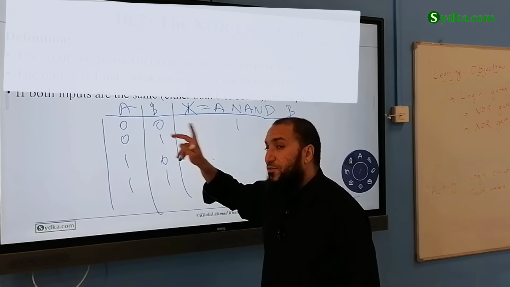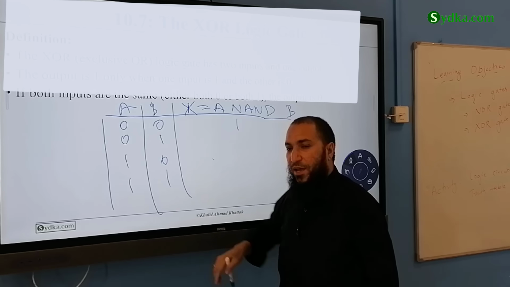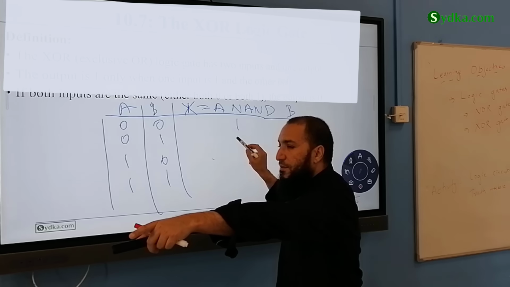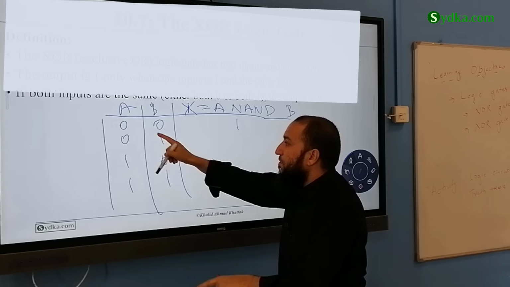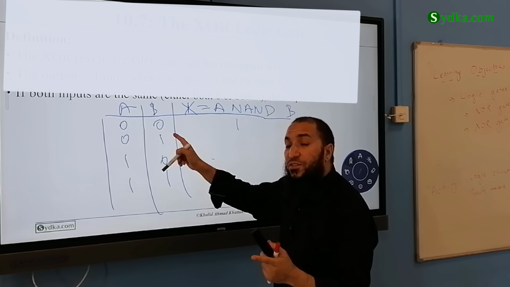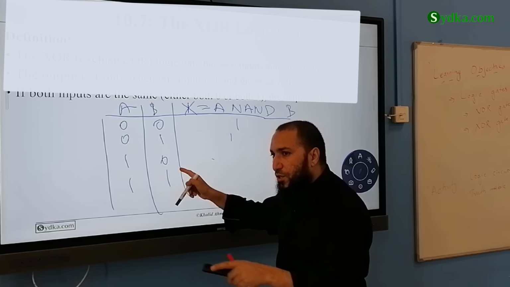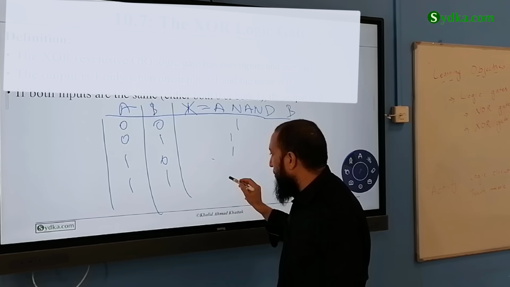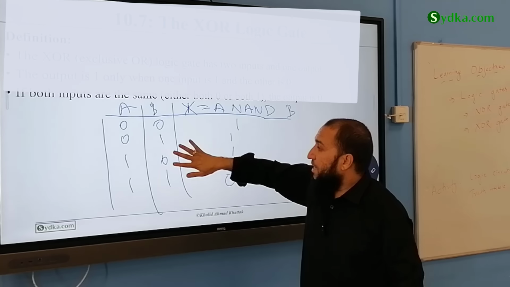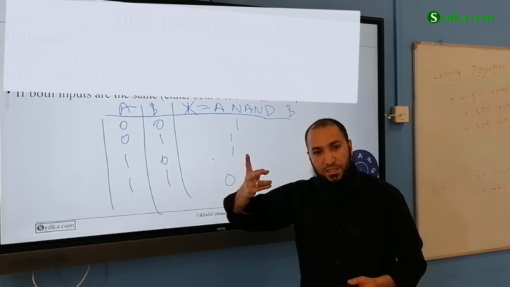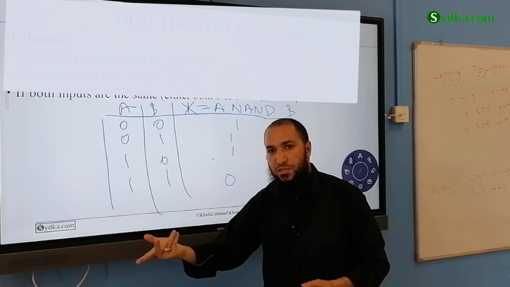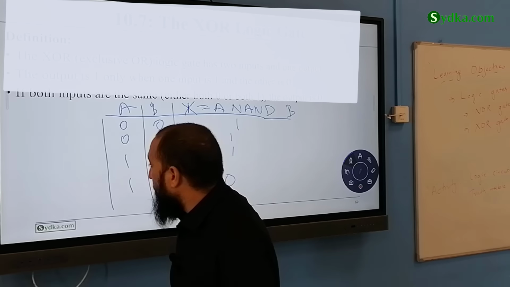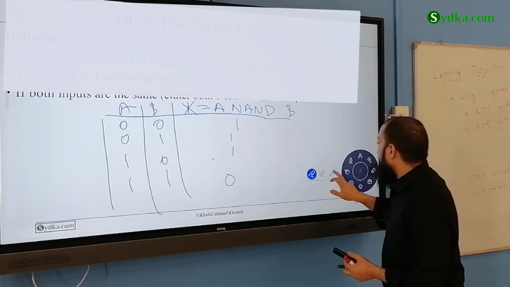Remember, because 0, 0 for AND gives us 0, so invert that value. 0, 1, because 0, 1 for AND gives 0, we invert it to 1. 1, 0, and 1, 1. Good. So the trick here is to take the AND values first. Whatever you get, invert it. Good. Well done.